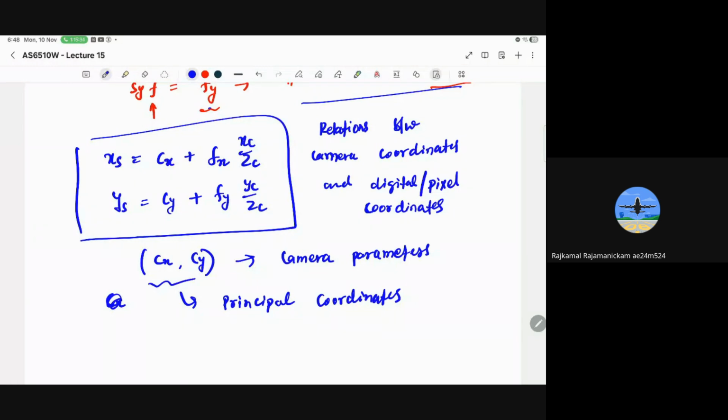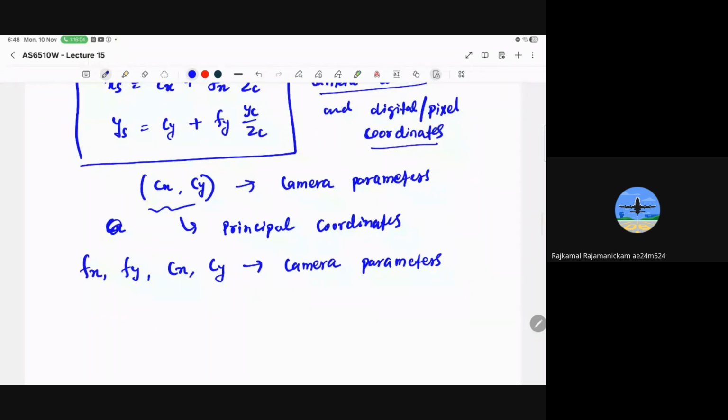To summarize, the relation between camera coordinates and pixel coordinates is given by fx, fy, cx and cy. These are constant camera parameters, the camera properties.